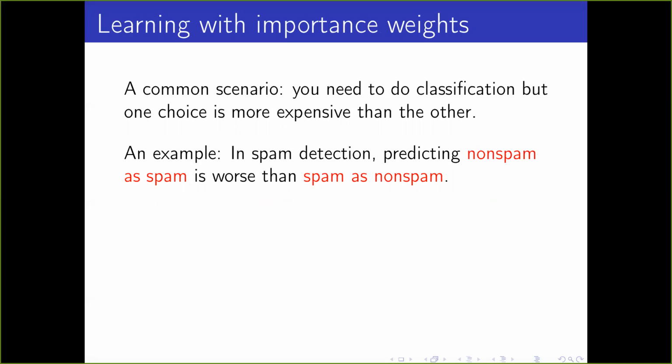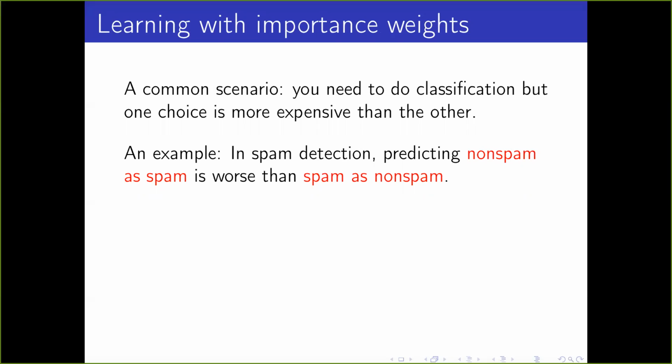They essentially allowed themselves some amount of misclassification rate of non-spam as spam, and then, subject to that limit, they tried to optimize things. But a cleaner way to get at that is to manipulate the importance weights so that you obey that limit.